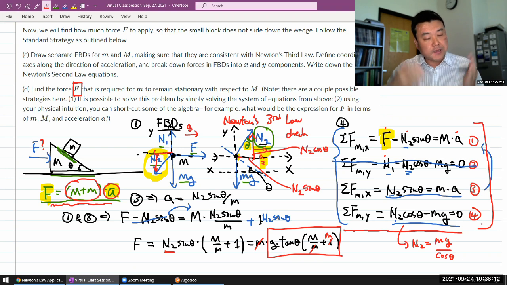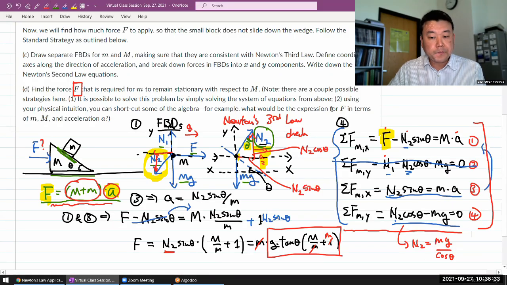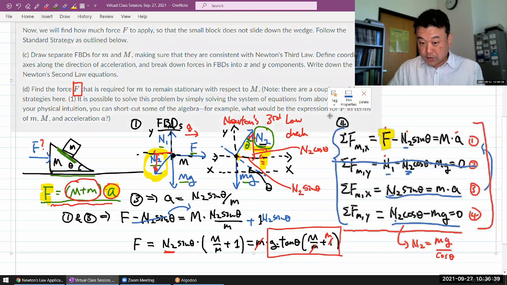For a complicated setup like this, really the solution approach you need is the systematic problem solving approach that we teach, what we call standard strategy. Your textbook and the portable TA use different names, but they all refer to the same multi-step systematic approach. The systematic part is geared at coming up with this system of equations.